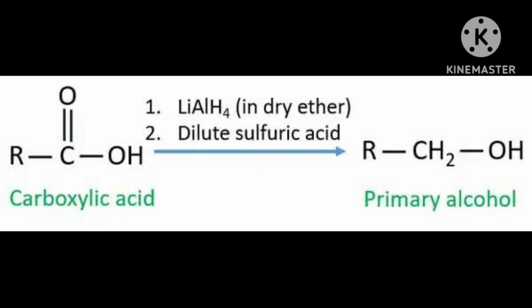Then on nitrogen only one H is remaining. But this nitrogen has joined with both carbons, the two carboxyl groups that are there. And on nitrogen one hydrogen is there.